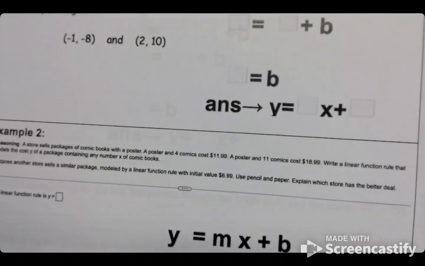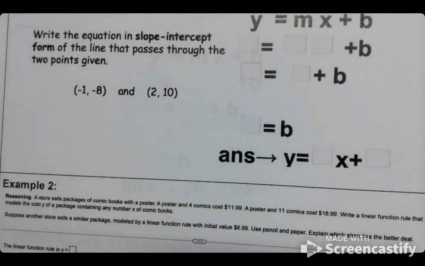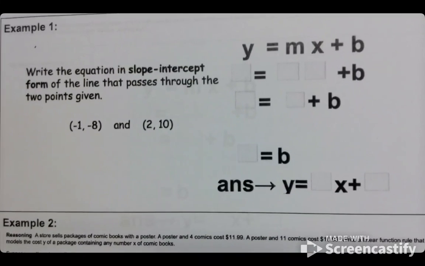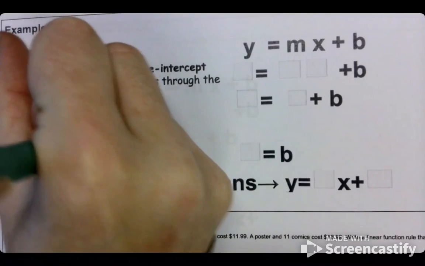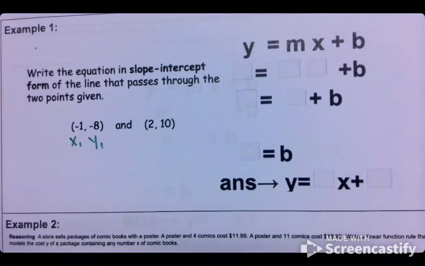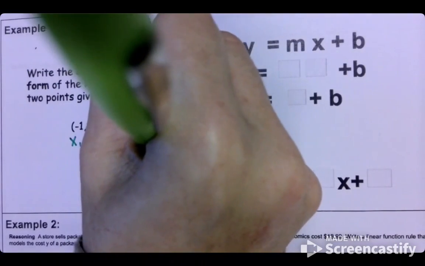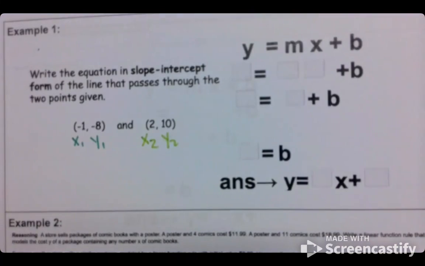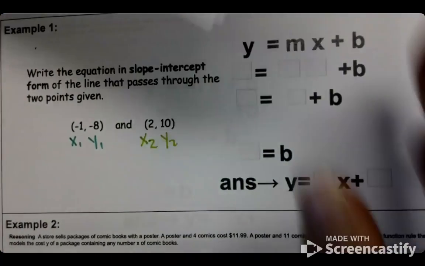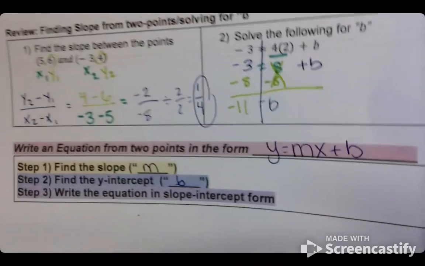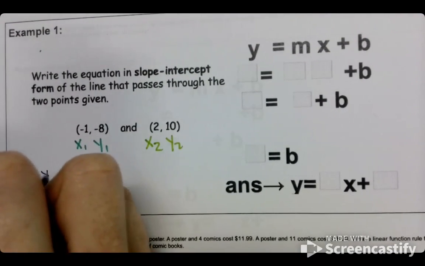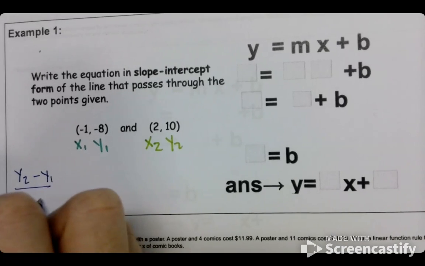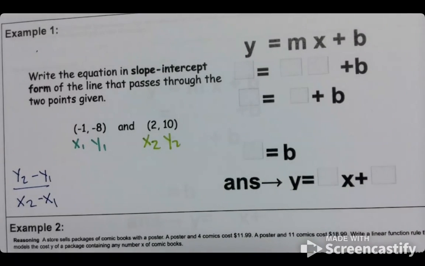All right? So we are going to write an equation in slope-intercept form. So remember, let's write our equation or our slope first. So we have x1, y1, x2, y2. And then again, if we go back to what we did first, right, we have y2 minus y1 over x2 minus x1.